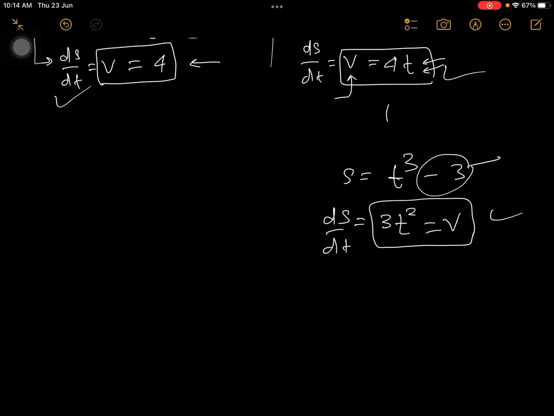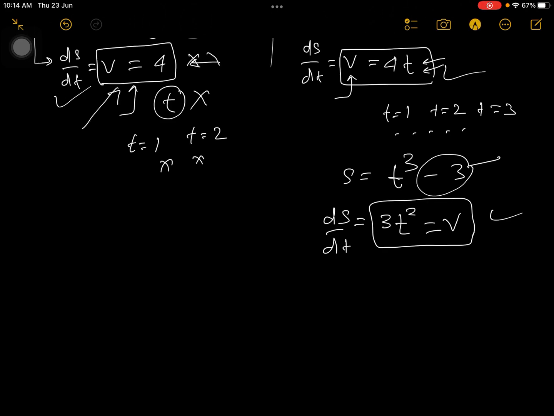If you substitute t is equal to 1, t is equal to 2, t is equal to 3, then your velocity will keep on changing. But understand one thing: in the first equation, the time parameter is not there. Where will you substitute t is equal to 1 or t is equal to 2? It is not at all available. So you cannot substitute t is equal to 1, 2, 3, 4. It means velocity is not depending on time.